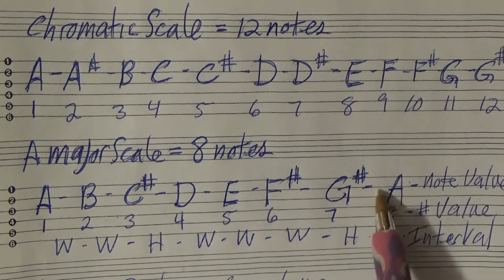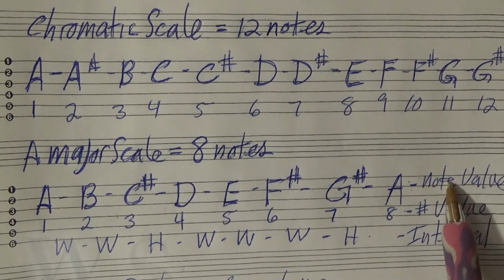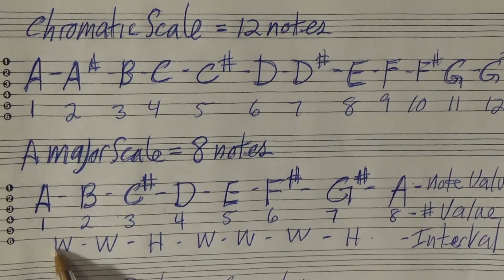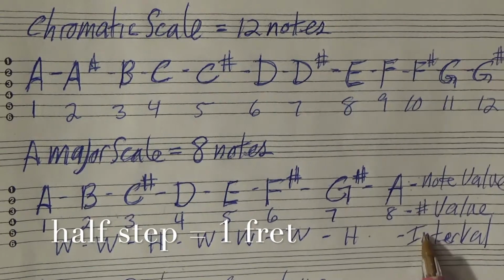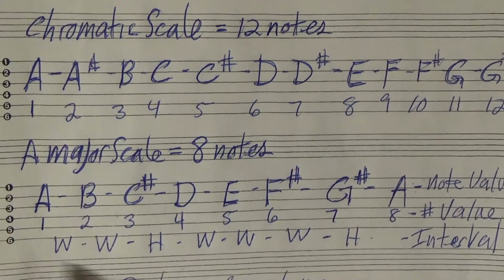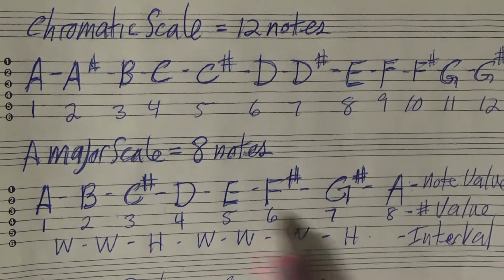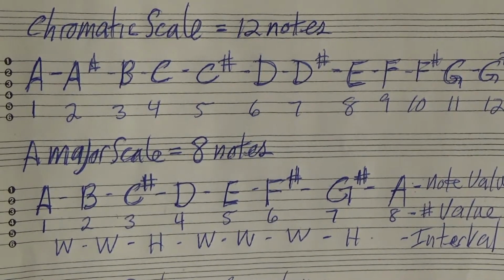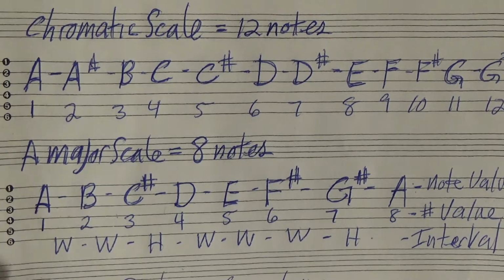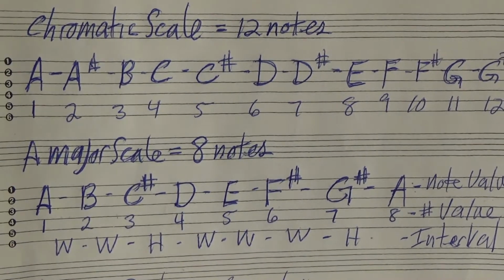So right here, this represents our note value, this right here represents our number value, and this right here represents our interval value, okay? Now, in the major scale, this is like a scientific formula, okay? Think science and math. That's what music really is. And they say that if you study music, it'll help with science and math. And this is why, okay? Because we're dealing with numbers and we're dealing with scientific formulas, okay?